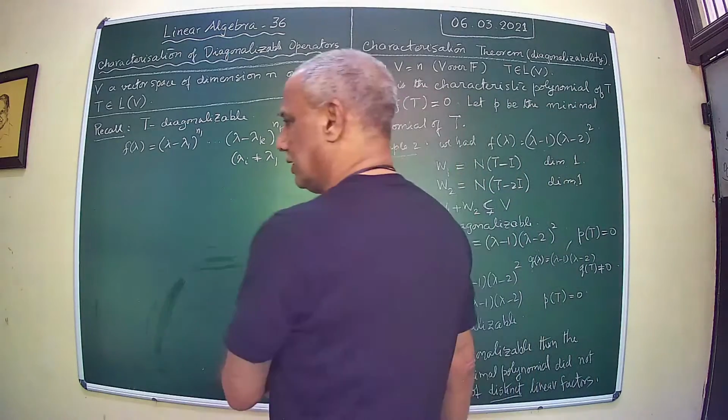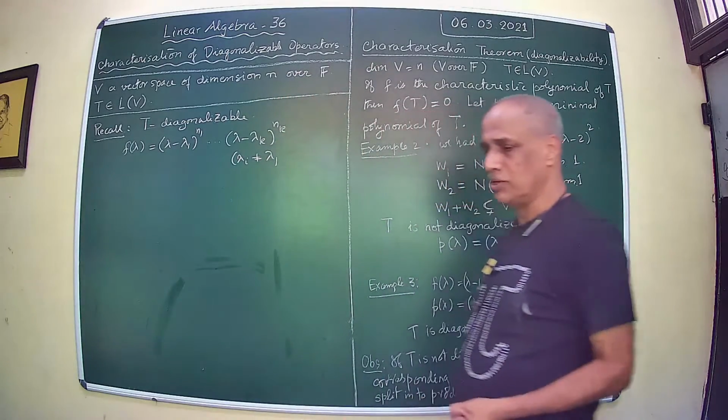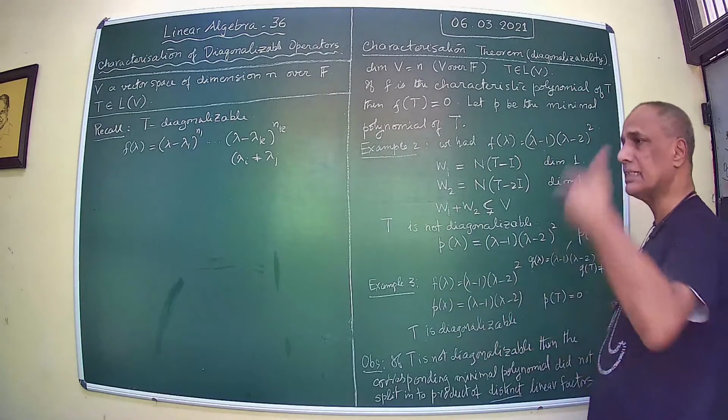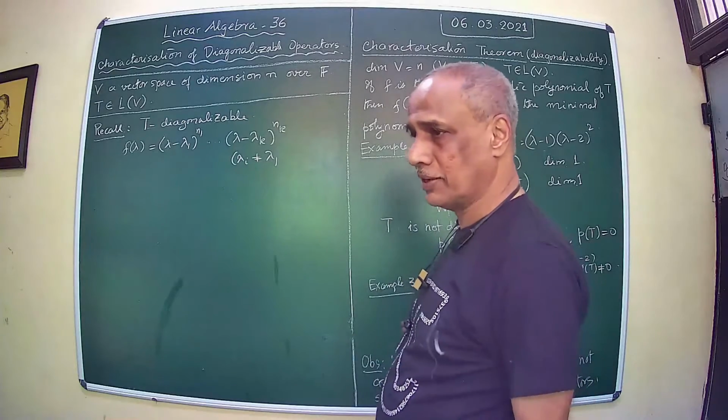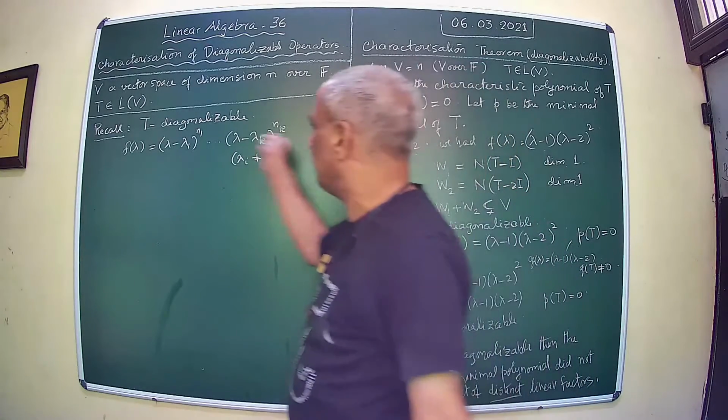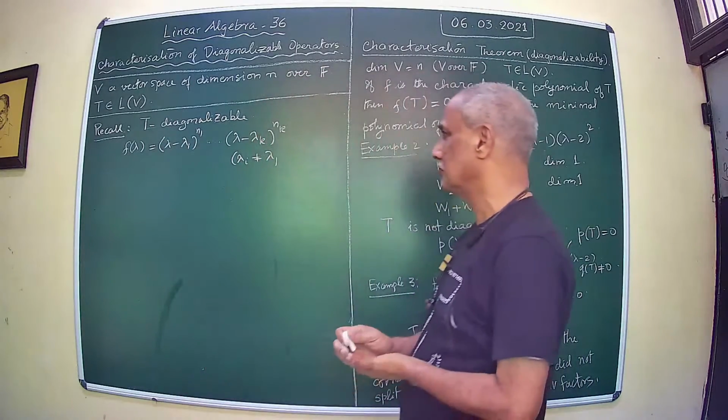Then you compute the characteristic polynomial of that matrix, which is the same as the characteristic polynomial of the operator. So it can only be in this particular form.